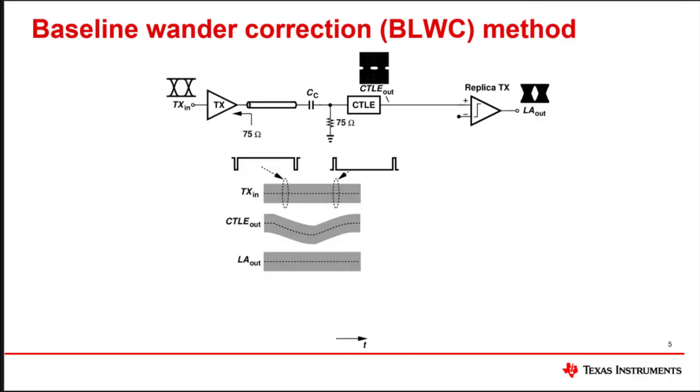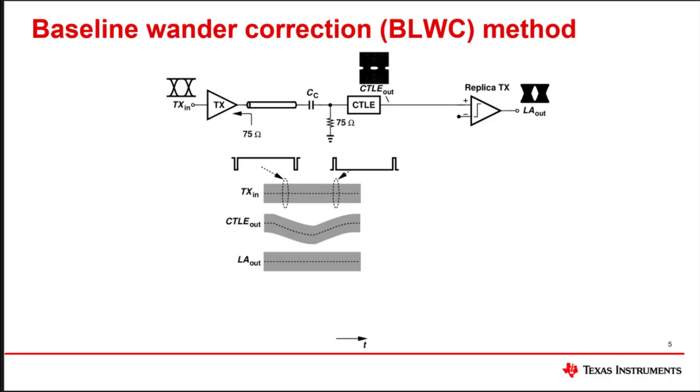Now that we've defined baseline wander and the pathological pattern, let's take a look at how baseline wander is corrected. Like we saw earlier, when the pathologicals arrive, the AC coupling capacitor CC blocks the DC content. When we see 1 zero and 19 ones, the DC content of the transmitted waveform is very high.